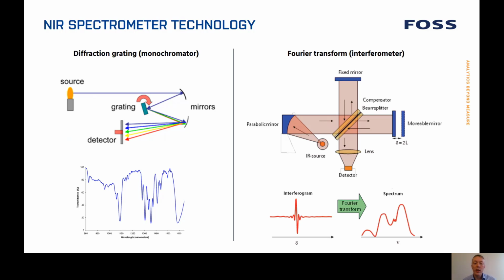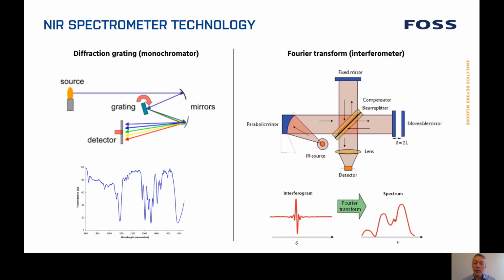On the right is shown another principle. This spectrometer is based on a device called an interferometer. An interferometer splits the light into two arms, and by varying the length of one of the arms, you can make the wavelength of the light interfere constructively or destructively on a beam splitter.